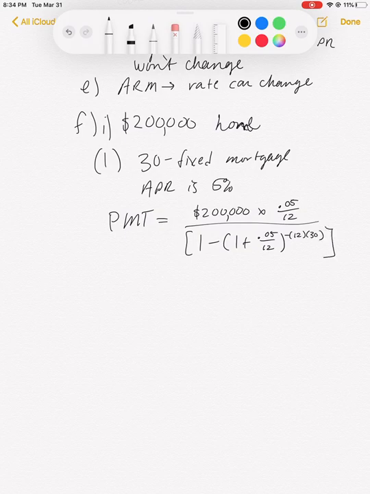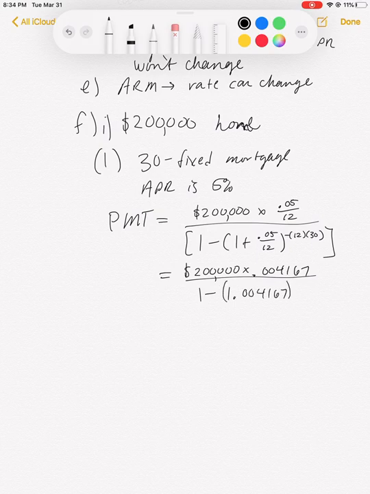Okay, so that's what we have there. When I use my calculator, I get $200,000 times 0.004167, that goes on forever, of course, over 1 subtract 1.004167 to the negative 360.